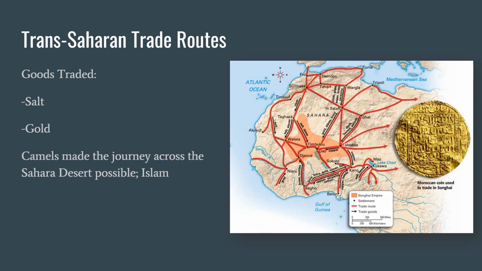The other important thing that was spread as a result of the trade route was Islam, right? Most of Northern Africa, or a lot of Northern Africa, even to this day, there are many, many Muslims that still practice in this area. And so Islam was a very important part of what was spread across this Trans-Saharan trade route.